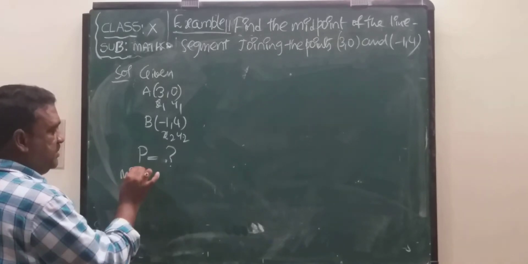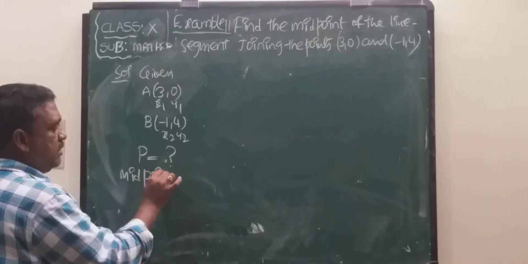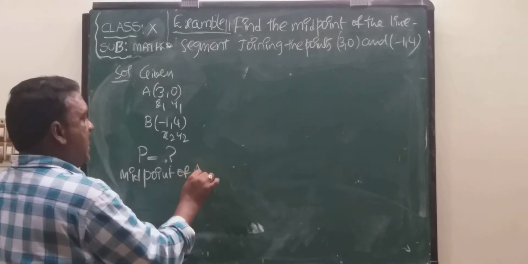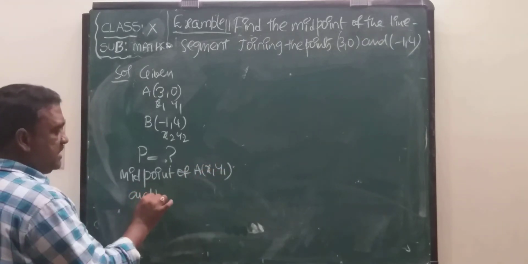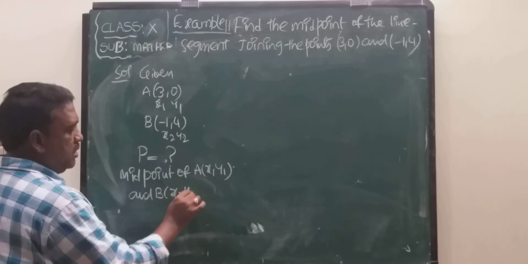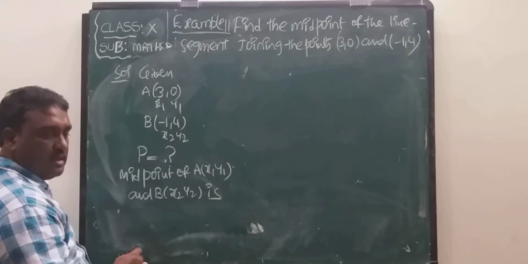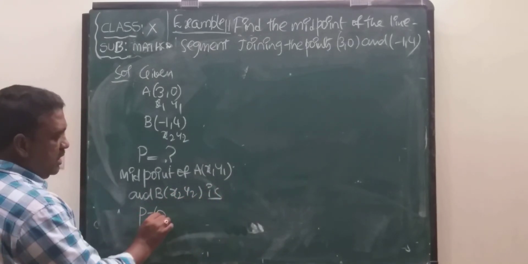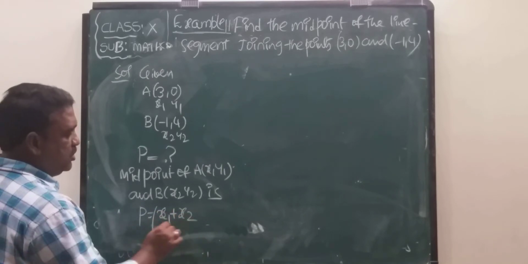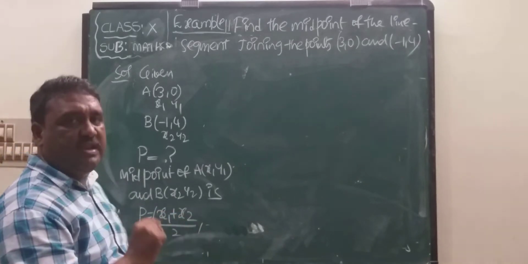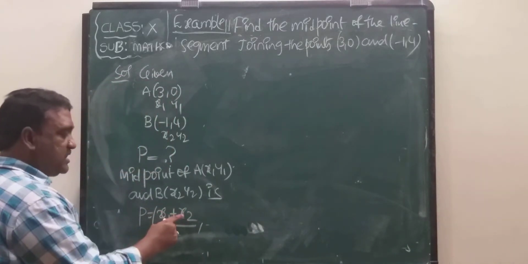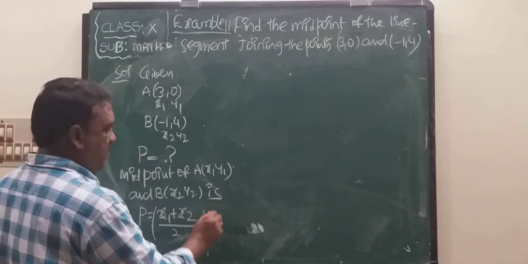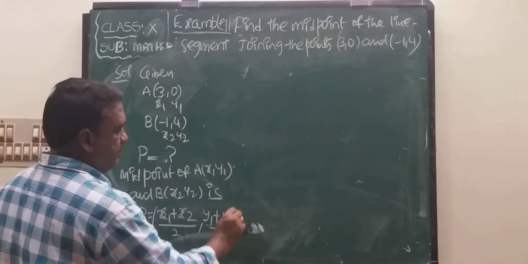Midpoint formula, right? Midpoint of A (x1, y1) and B (x2, y2) is P equal to (x1 plus x2) by 2, comma, (y1 plus y2) by 2. Very short one, very easy one.